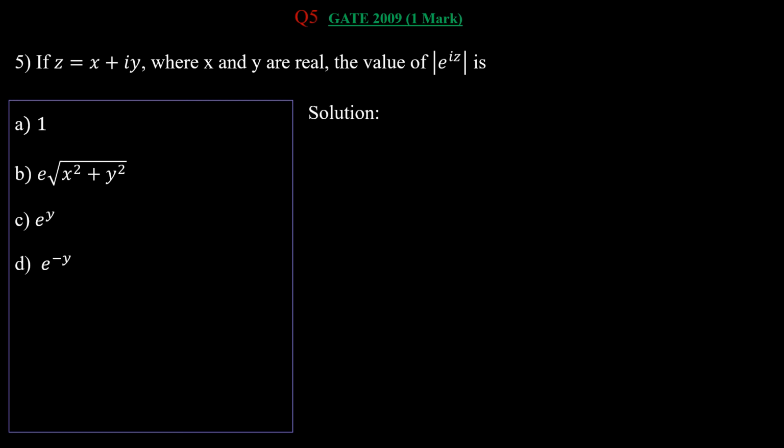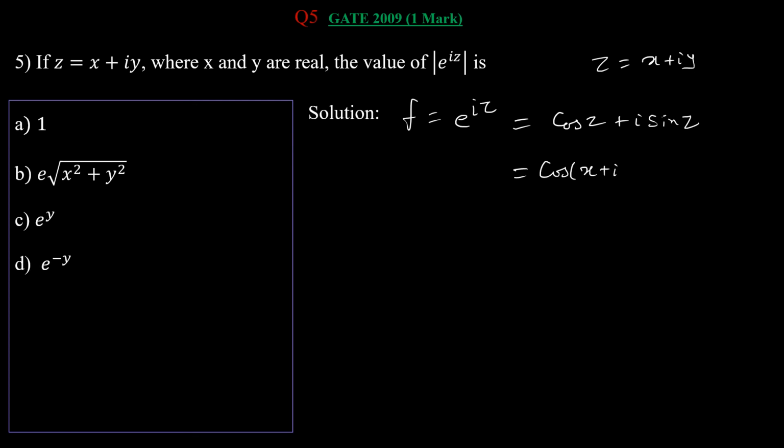First we write here, let's say f is equal to e to the power iz. So it will be cos z plus i sin z that we can write. z is equal to x plus iy that we know. So in that case it will be cos(x + iy) plus i sin(x + iy).